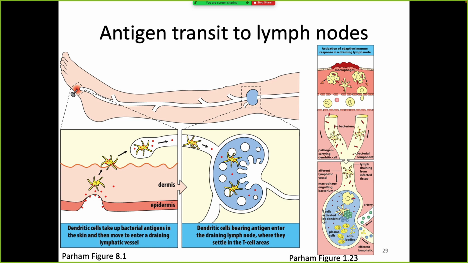And any antigens that are in that fluid can also get picked up and moved through the lymphatics and get delivered to a lymph node. So you can see these little red dots getting delivered to the lymph node here. You can also see some bacteria and other little red dots getting delivered to a lymph node on the right.